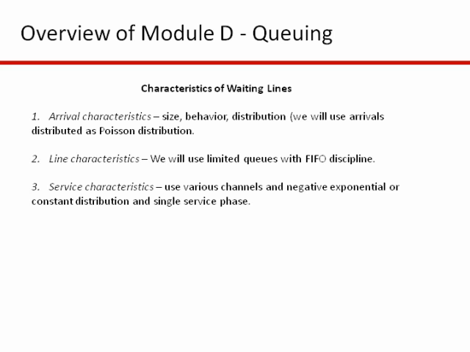So we're going to assume various channels, which is various lines. The line splits up kind of like at the airport where you can go through different metal detectors. And we're going to use a negative exponential or constant distribution to represent how service is delivered.